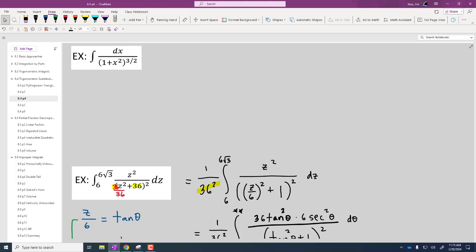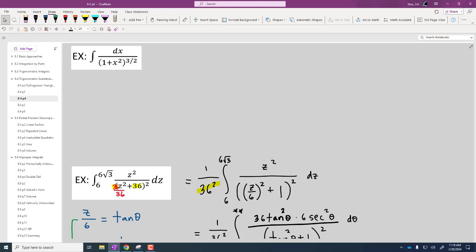So x equals tan theta, and now differentiate both sides of that x equals tan theta equation. So if you have a secant squared, that is one of our special cases, right?